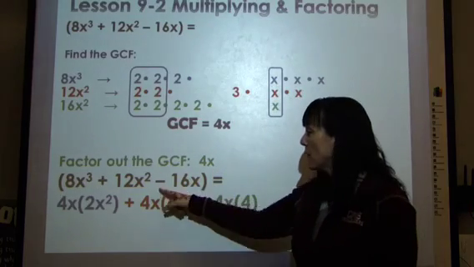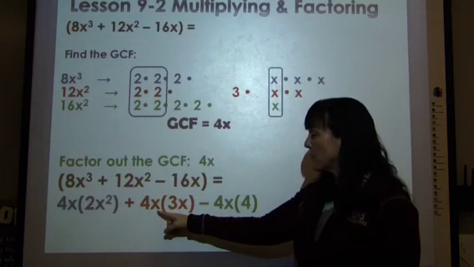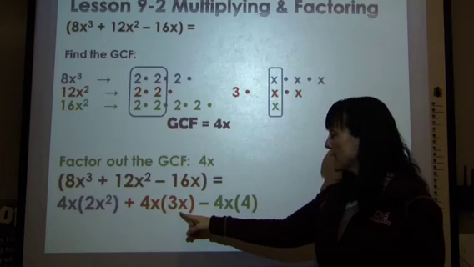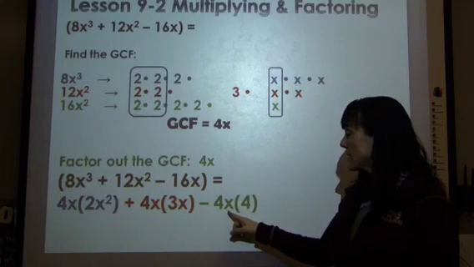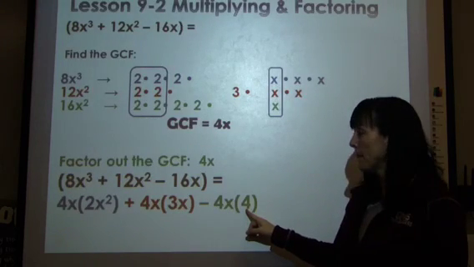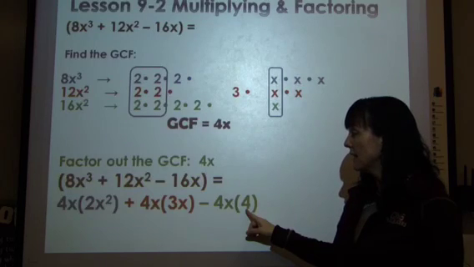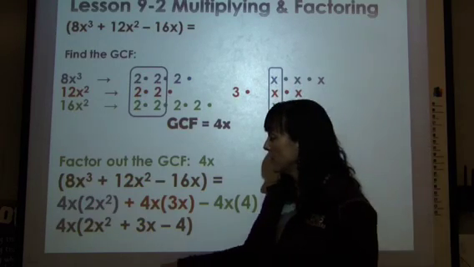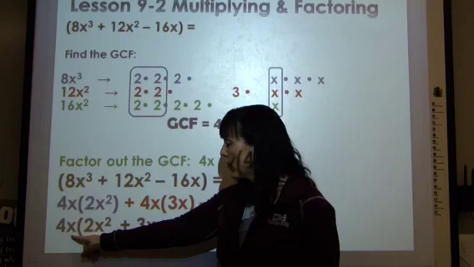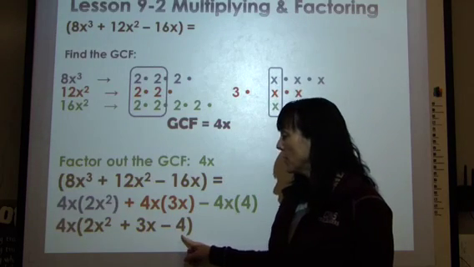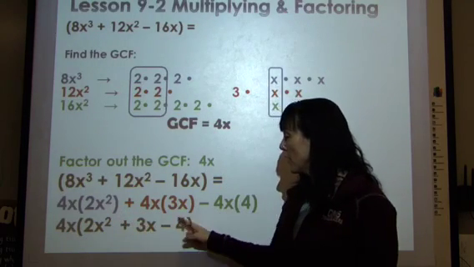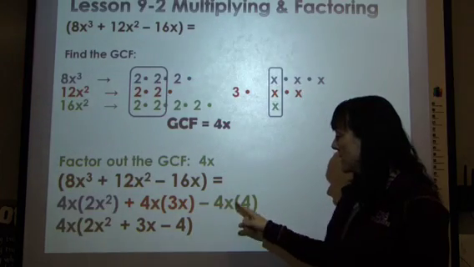And then you're going to do that with each term after. And you end up with 4x times 3x minus 4x times 4. Now we're going to list that in standard form. And you end up with 4x times the polynomial 2x squared plus 3x minus 4.